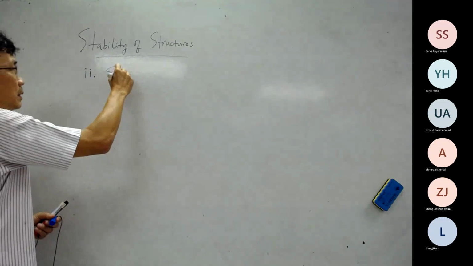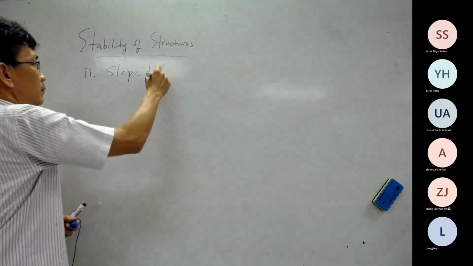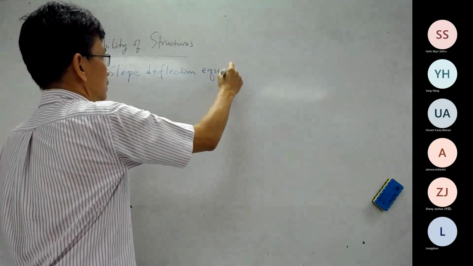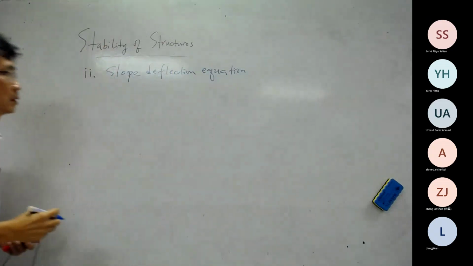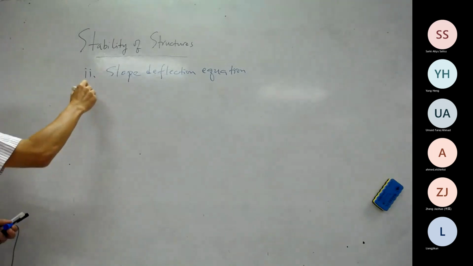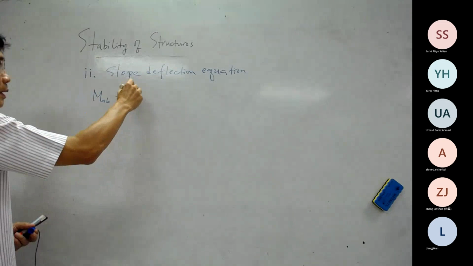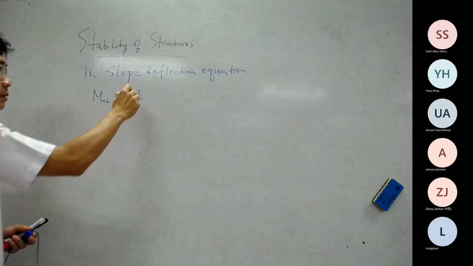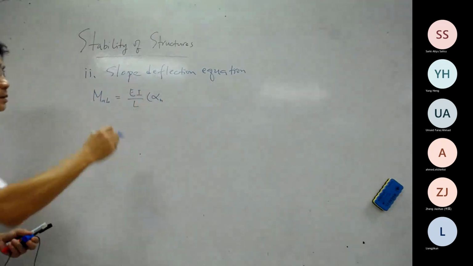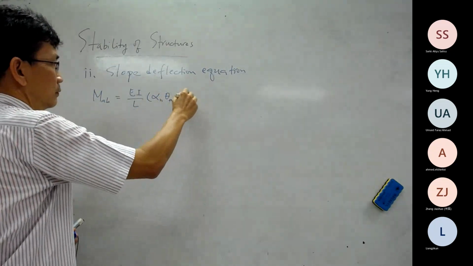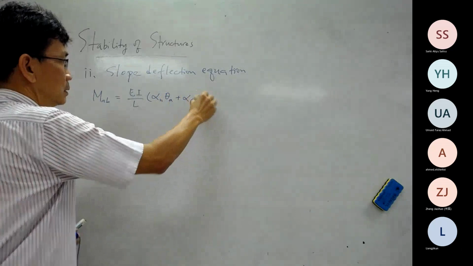So this is the method using the slope deflection equation. We will have M_AB equal to EI over L, alpha_N theta_A plus alpha_F theta_B. Okay.